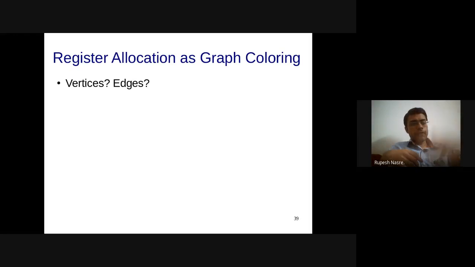One variable might be live across, let's say, this range, another might be live at this range, and their live ranges overlap, and therefore we would like to push them into two different registers. Right? So again, there are variations of this, and we'll talk about that. But that is the basic premise under which we want to create the graph.